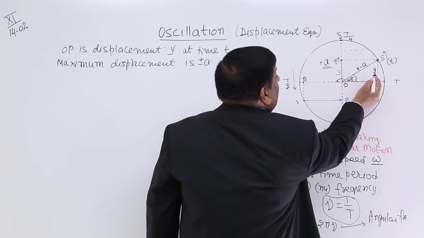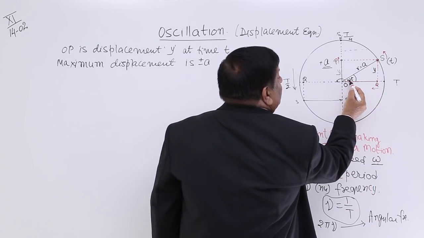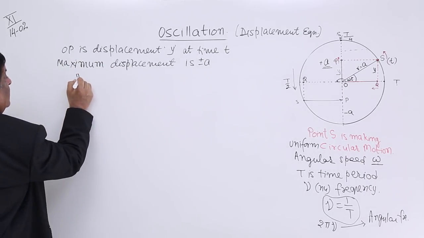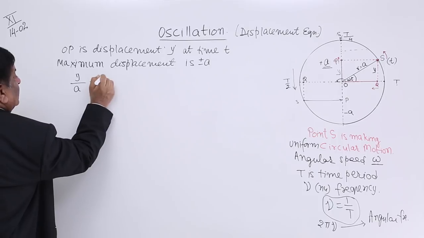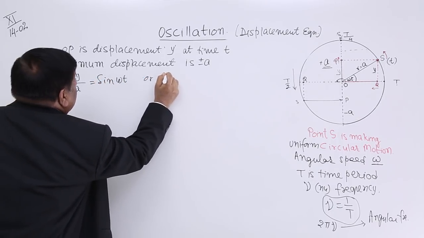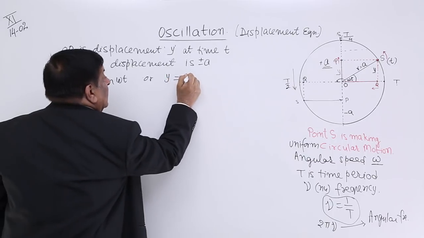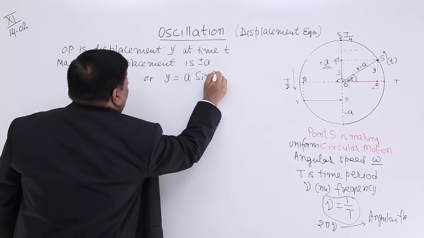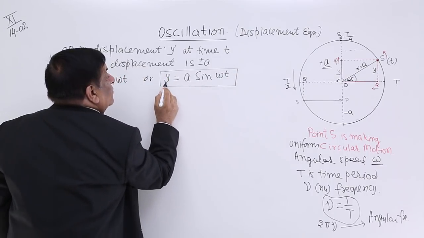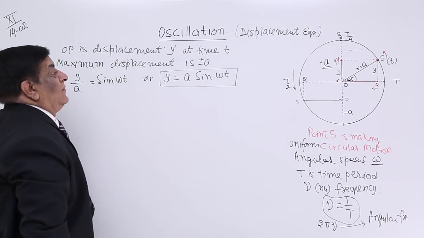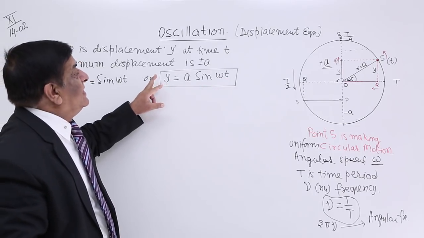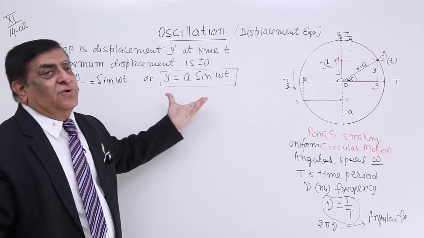Now, y upon A is equal to sine omega t, or y is equal to A sine omega t. This is the relation between y and t. When t keeps on changing, y will also keep on changing, and this is the equation which controls it.